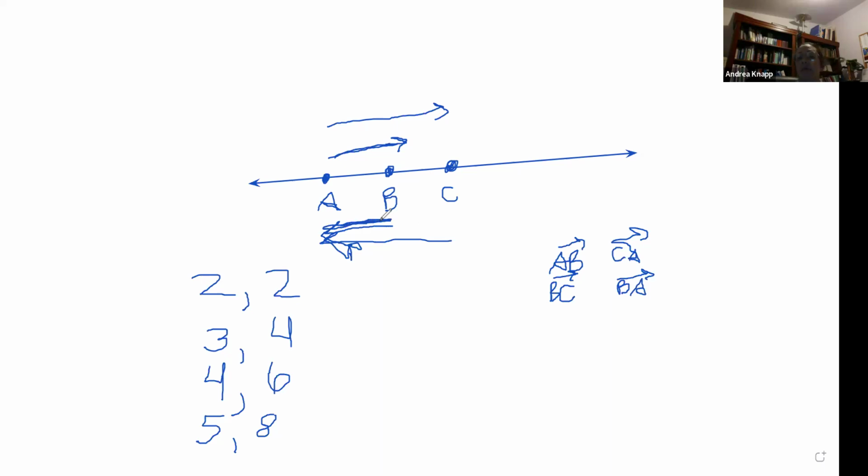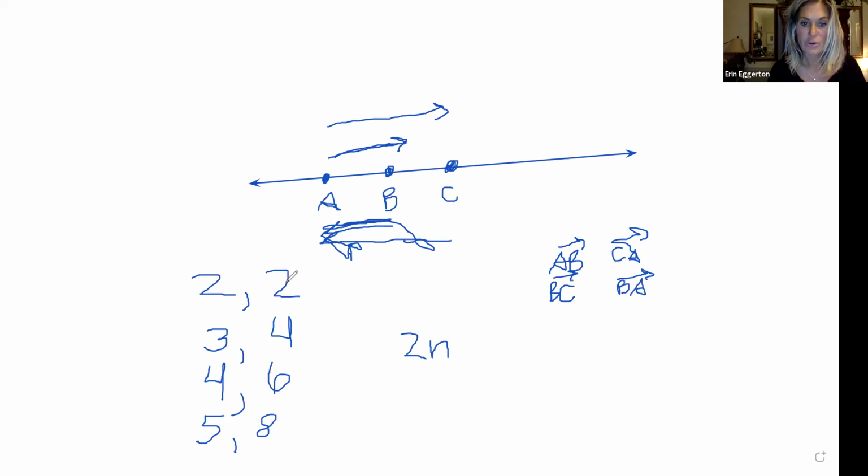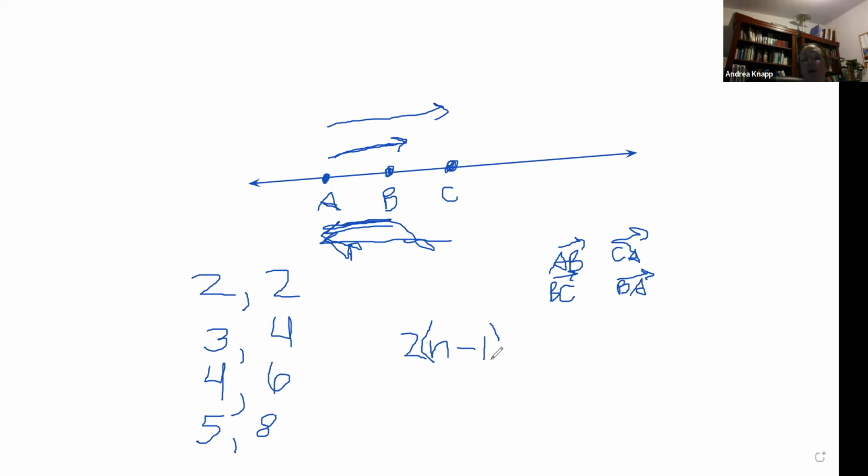So it seems like it's double something. Does it work to go 2 times the number of points? So 2 times 2 would be 4. That's too high. What about taking the number below it? What if we did 2 times 1? 2. There it is.